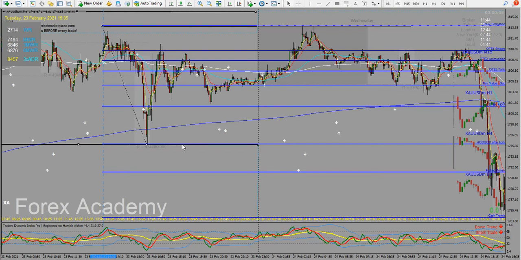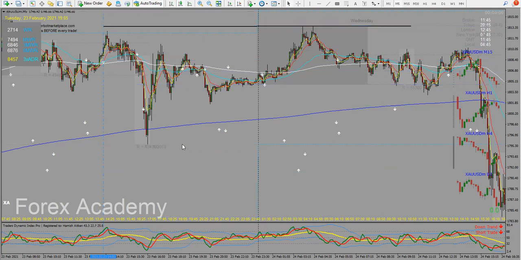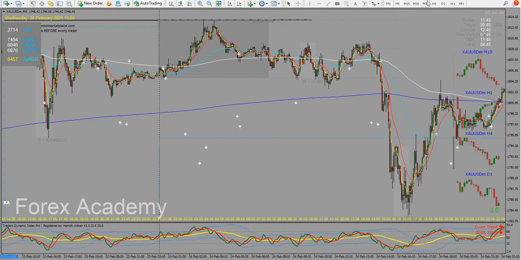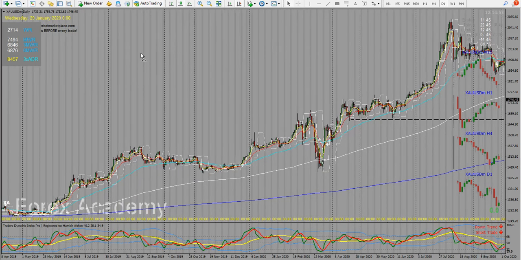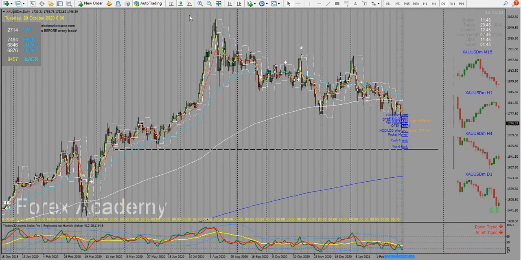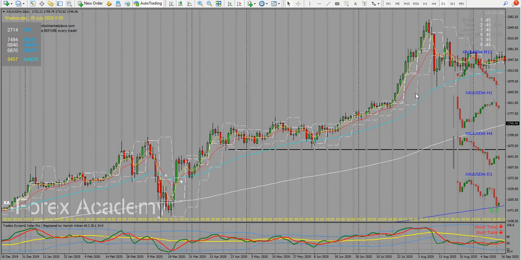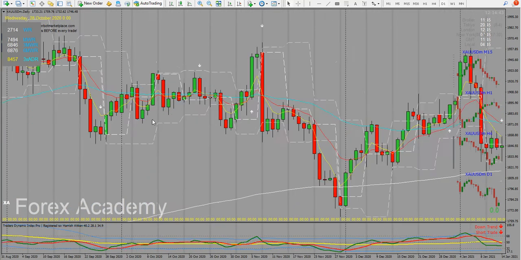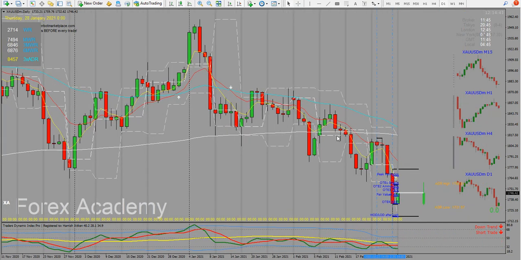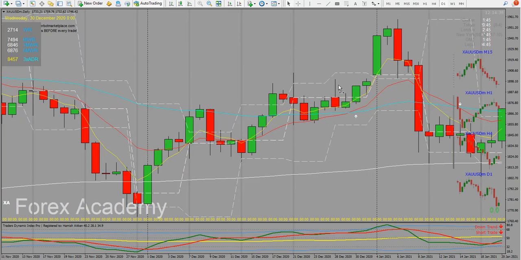And as we are going to do that, let me remove this structure. Now we have represented Tuesday's high and low, and then I'll also do this one on Wednesday. If you had to take a trade on Wednesday, let me zoom it again.